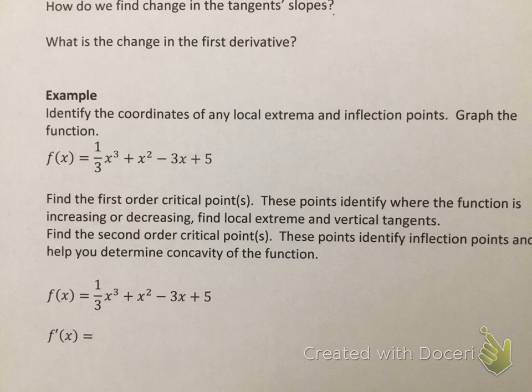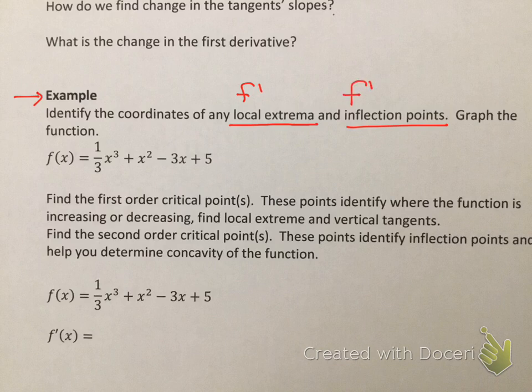I think we are ready to go ahead and look at our first example. We are supposed to identify the coordinates of any local extrema. So these are first order critical points, which require me to find the first derivative, and the coordinates of any inflection points where my concavity is changing.